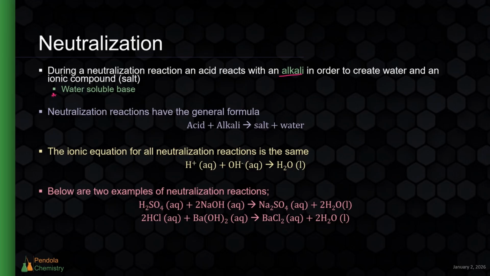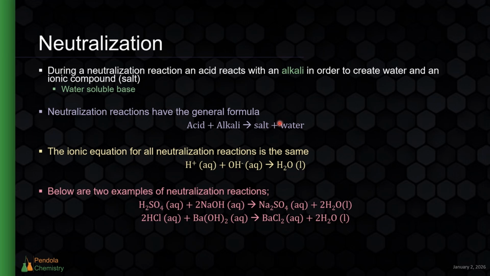Now, when an alkali reacts with an acid, we get what is called a neutralization reaction. The acid reacts with the alkali to create water and a salt. The ionic equation that happens here is that hydrogen ions react with hydroxide ions to create water.